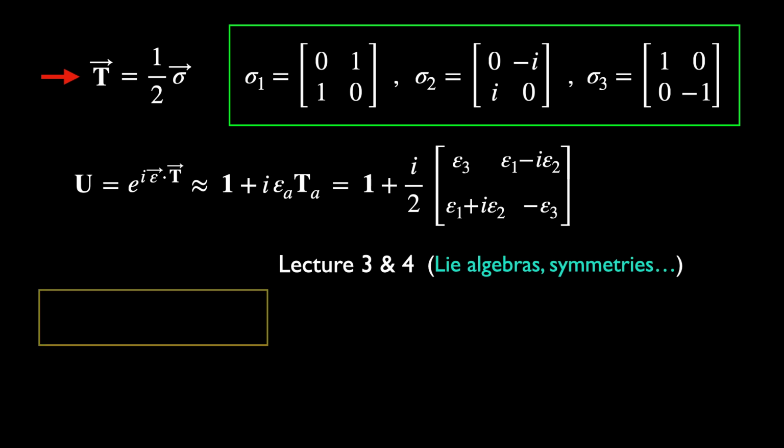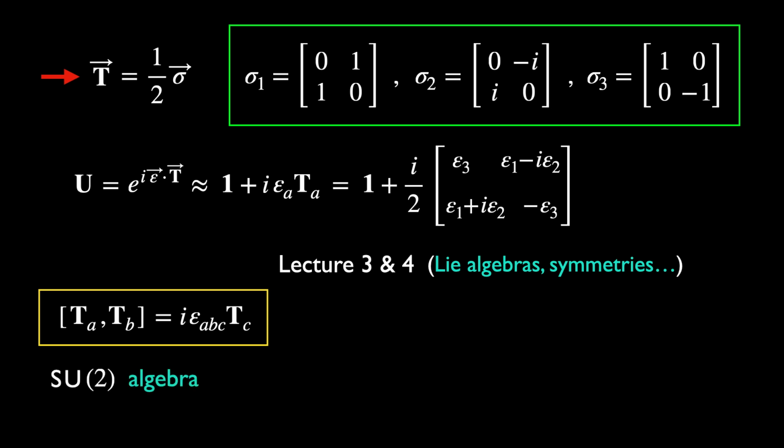It turns out that the essential features of a symmetry group are captured entirely by the algebra of its generators. Recall that this is the SU(2) algebra, associated with the rotations of 3-component vectors in real space. The epsilon symbol is just the Levi-Civita symbol.